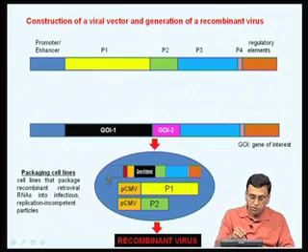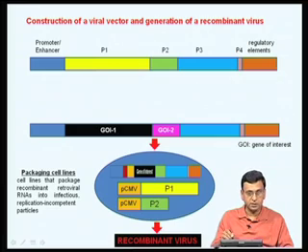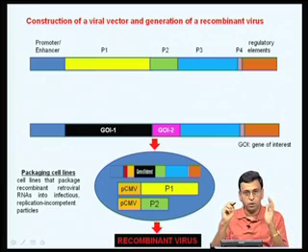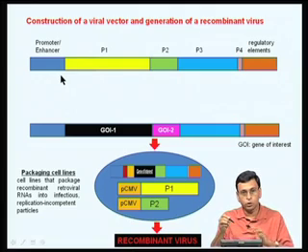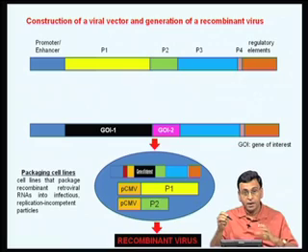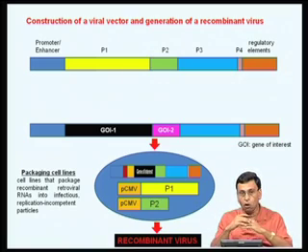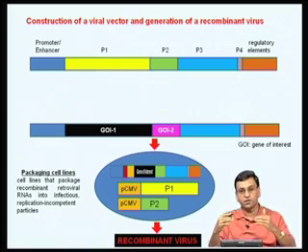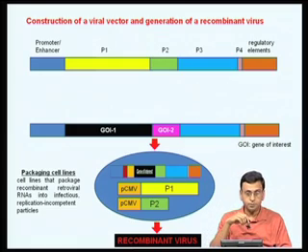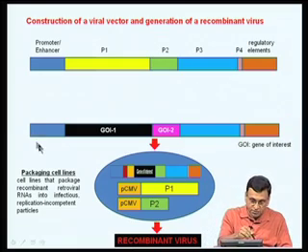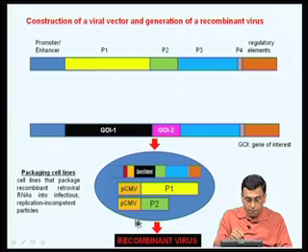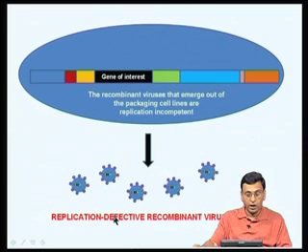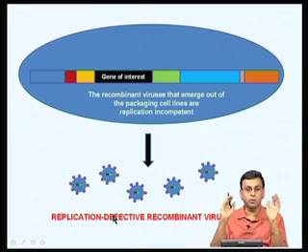So what comes out of this cell line is a recombinant virus, but there is something very different about this recombinant virus compared to the wild type virus. When you infect cells with the wild type genome, you get a recombinant replication competent virus because it contains all the viral proteins required not only for infection but also for replication of the virus. But when you transfect this particular viral genome in which you have deleted certain viral genes and put your genes of interest, the recombinant virus that comes out of such cells is known as replication defective recombinant virus.